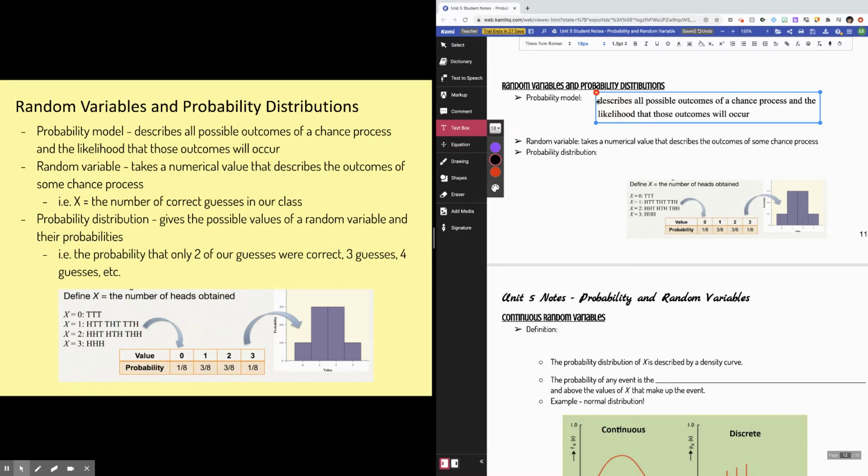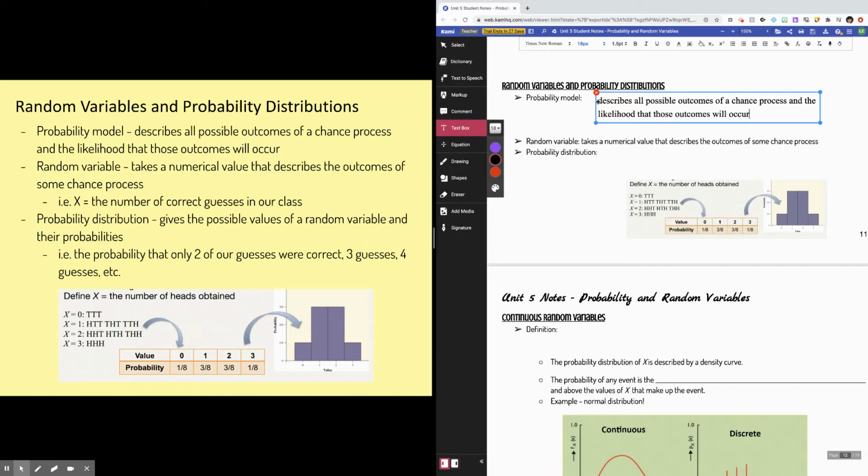A random variable is a variable that takes numerical values that describe the outcomes of a chance process. An example of a random variable X would be the number of correct guesses if I asked you 10 questions, and you could either get the questions right or wrong.